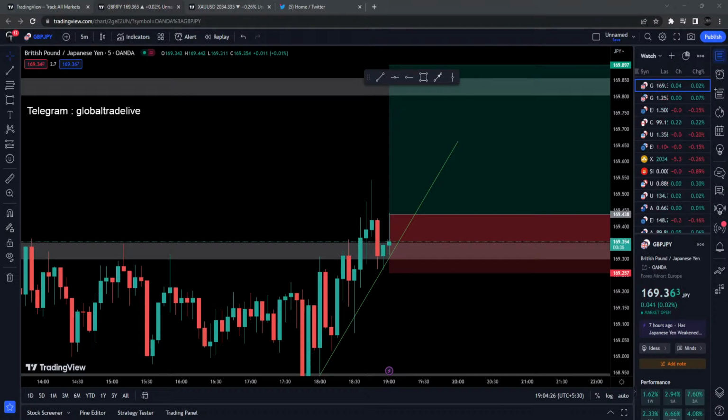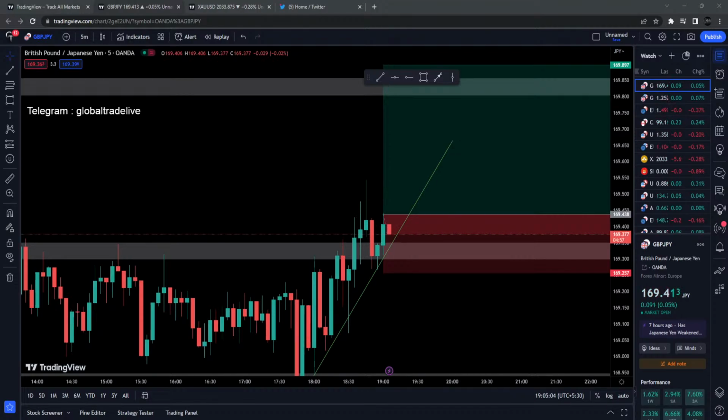Oh, 7 seconds remaining at this point. Let's see how this candle closes. The candle closed like a strong bullish at this point.